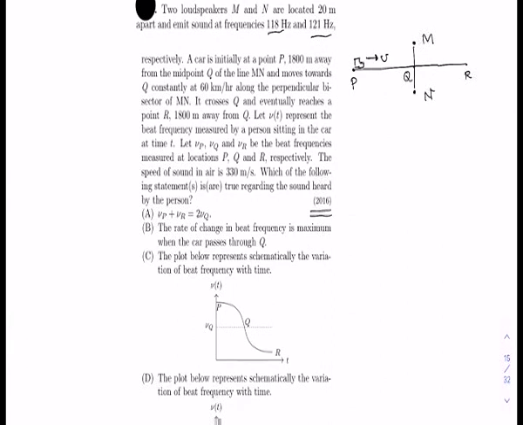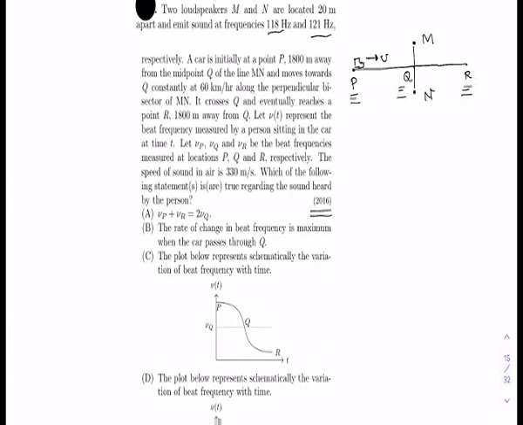Let nu p, nu q, nu r be the beat frequencies measured at the locations p, q and r respectively. The speed of sound in air is 330 meter per second. Which of the following statements is or are true regarding the sound heard by the person? So here the key is to find out the beat frequencies at these different locations.